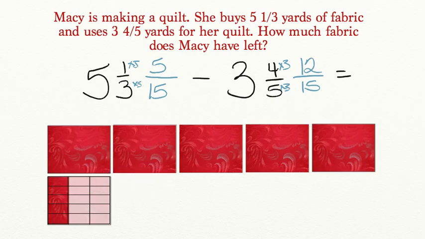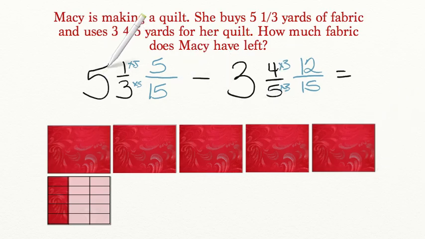All right, our next step is to subtract our fractions. 5/15 minus 12/15. Uh-oh, we only have 5/15 shaded in. How can we subtract 12/15? That means we need to rename one of our wholes into 15/15.